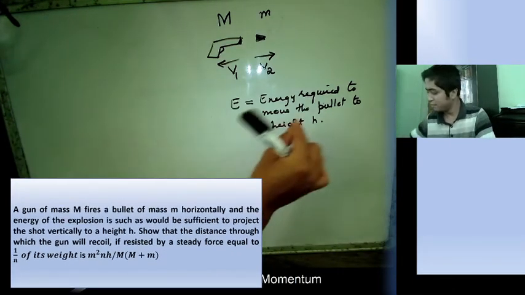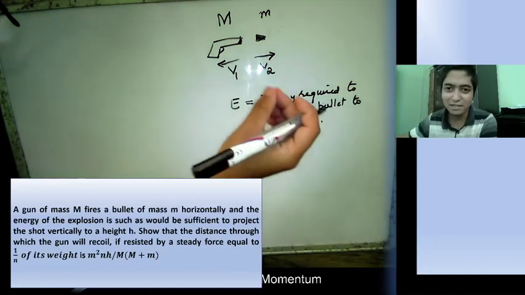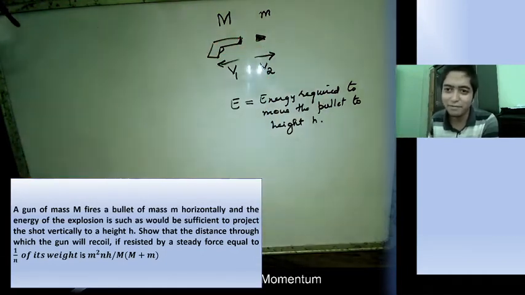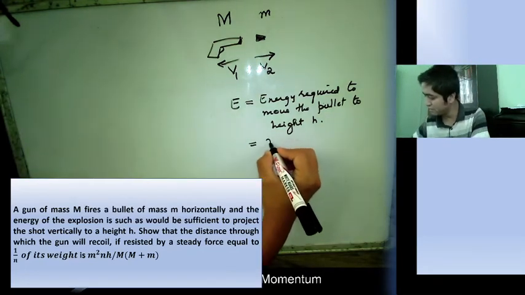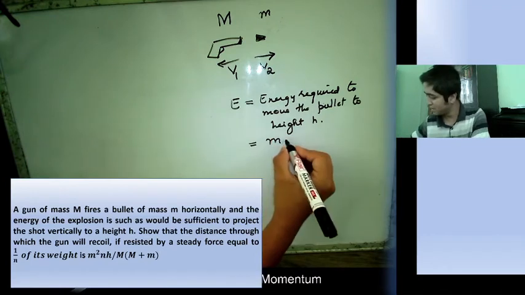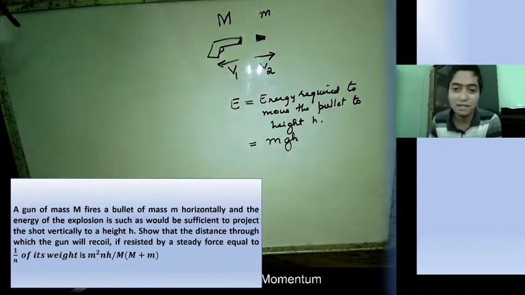The energy required to raise the bullet to a height h is the potential energy, which is equal to the mass of the bullet times g h.